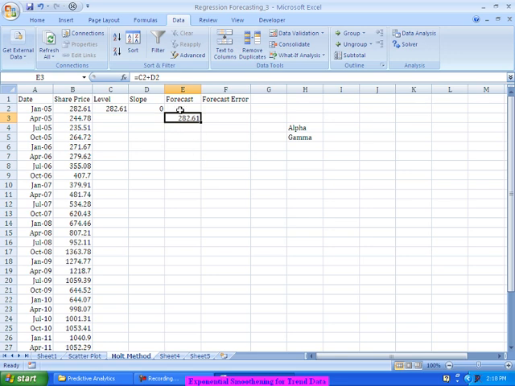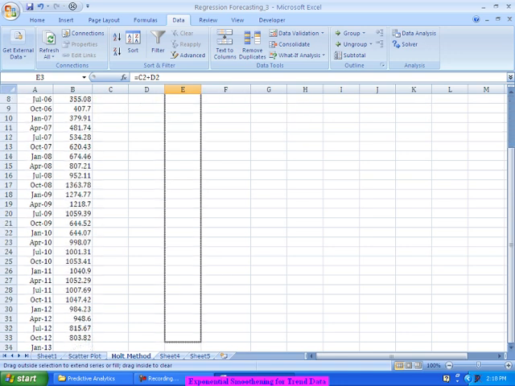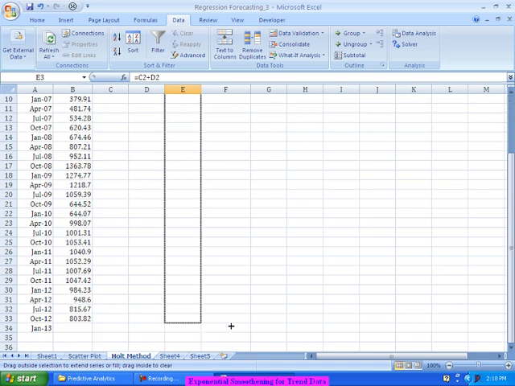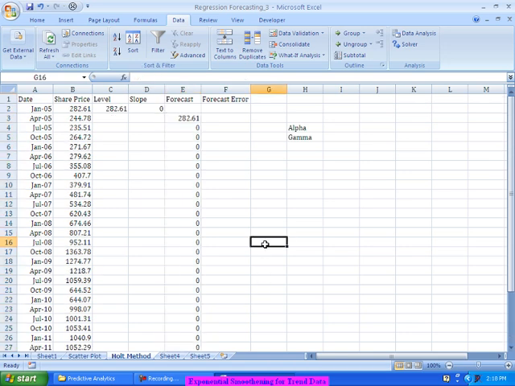282.61. And I can drag this down, because depending on the level estimate as well as the slope estimate of the previous periods, I'll get my forecasted values. Now, how do I compute my level estimate?